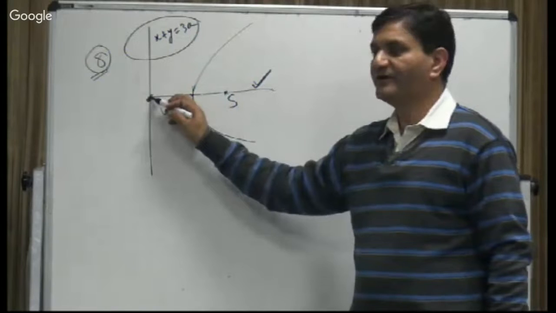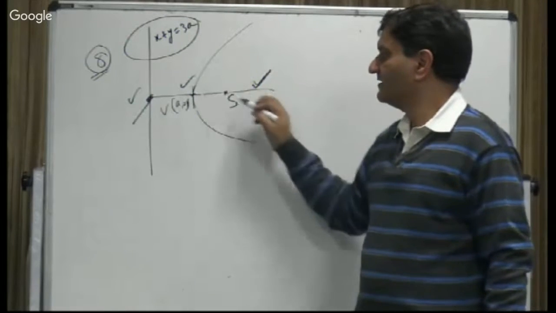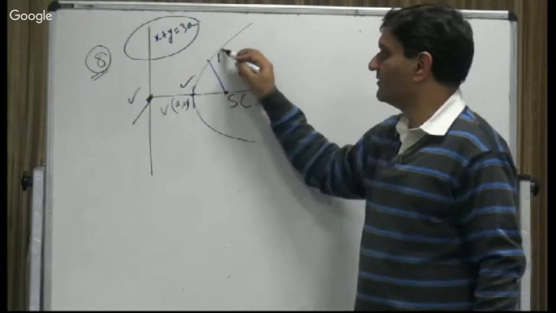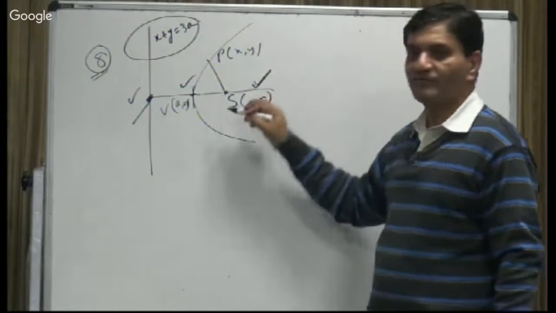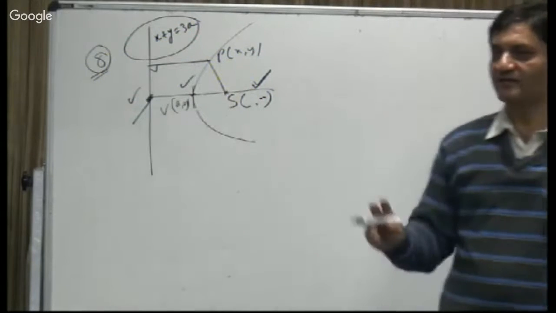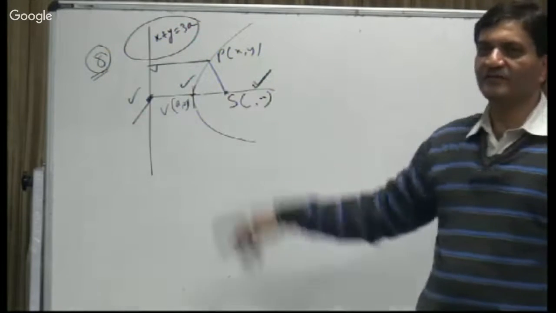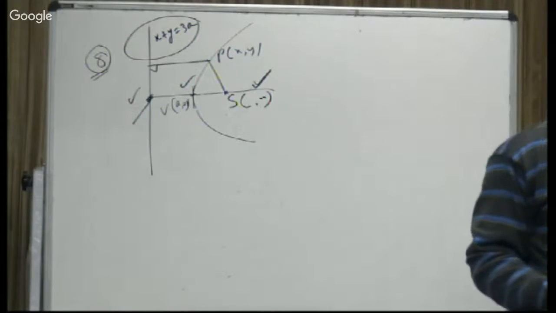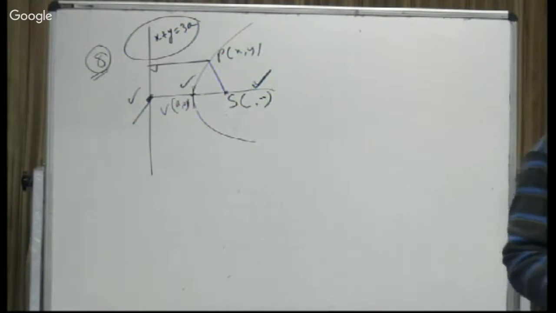Once you have this point as well as the vertex, focus you can find. And once you have the focus, you take an arbitrary point x, y, its distance from focus will be its distance from directrix. Solving this, you will get the equation of the parabola. That's it.